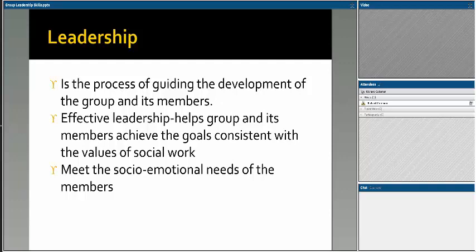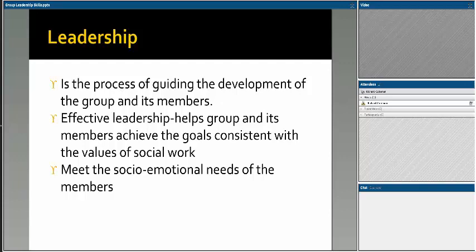Oftentimes when you're running groups, or you've seen groups run before as an observer, it's fairly common to think, wow, this group leader is really facilitating a conversation. But in actuality, as you'll discover through this lecture, it's much more profound than that.